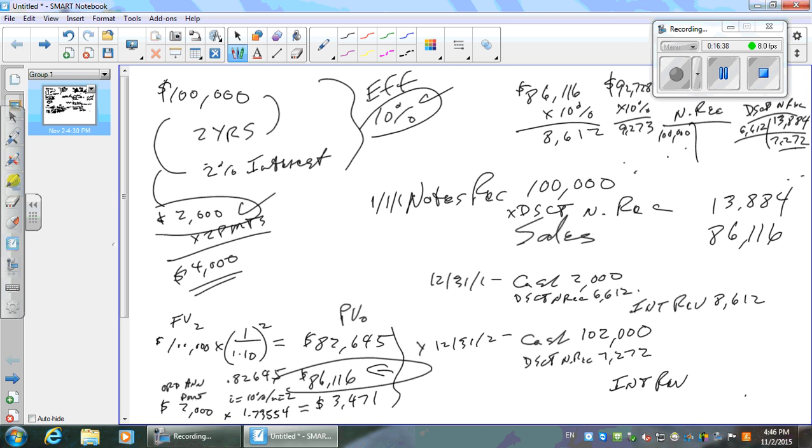What does it have to be to make that journal entry balance? 9,272. So I'm $1 off. Okay, let's get that rounded. Wait a minute, it didn't balance yet. What's the 100,000? Yes, the principal, which is called note receivable. Excellent. Okay, there we go. That's exactly right.